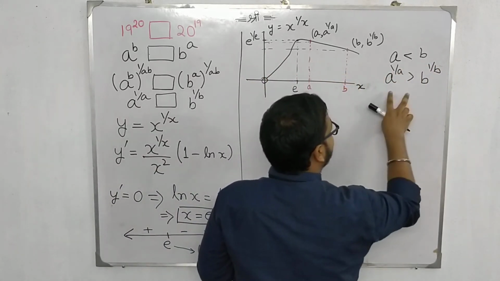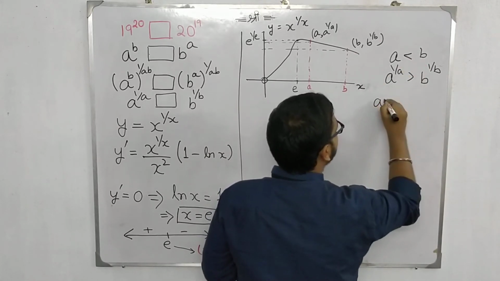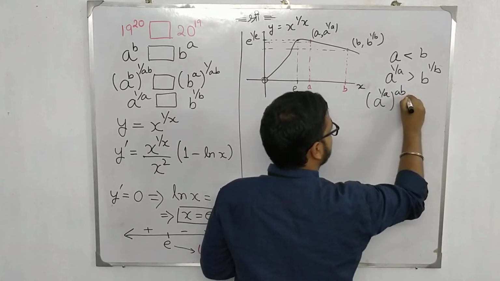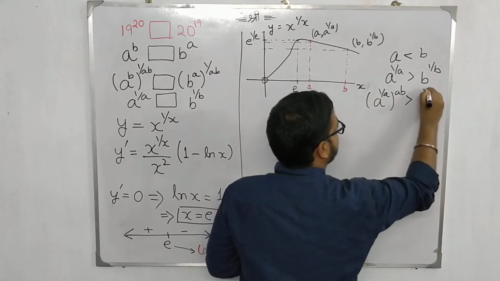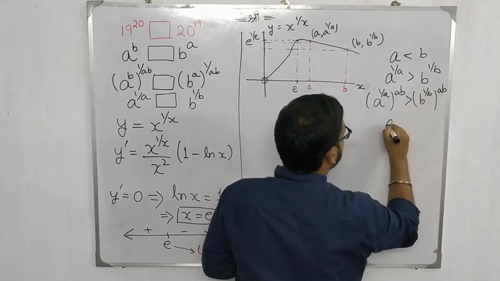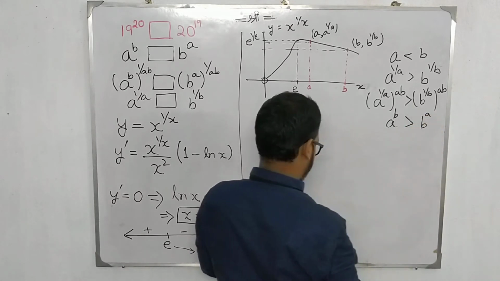Now let us raise this inequation to the power ab on both sides. So we get a to the power b greater than b to the power a.